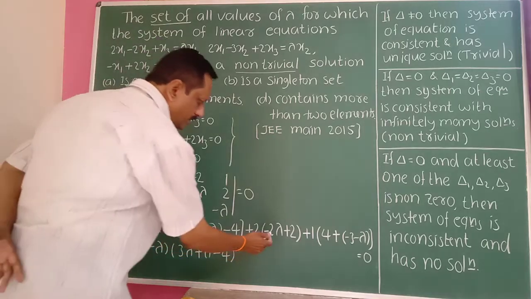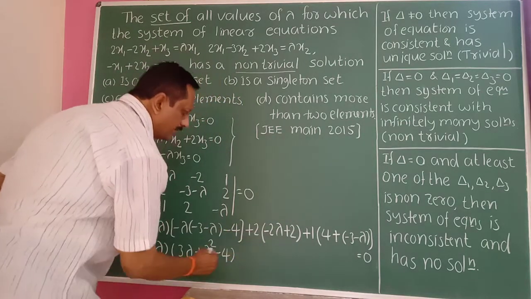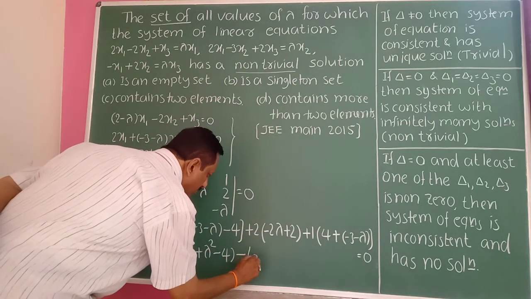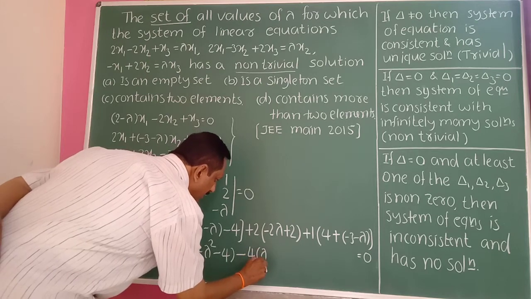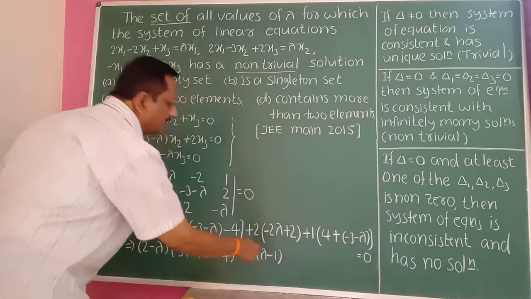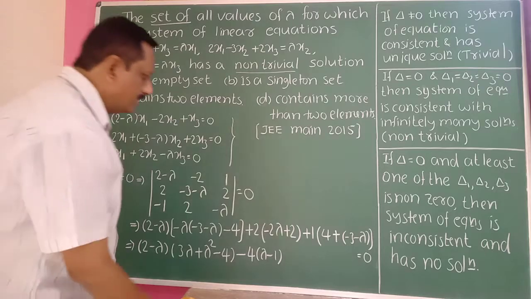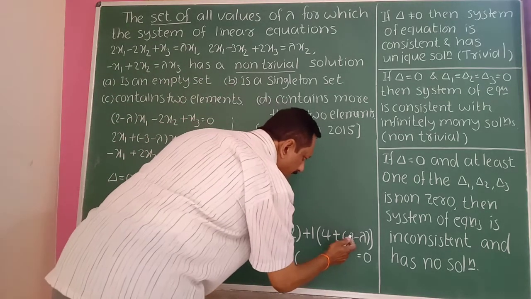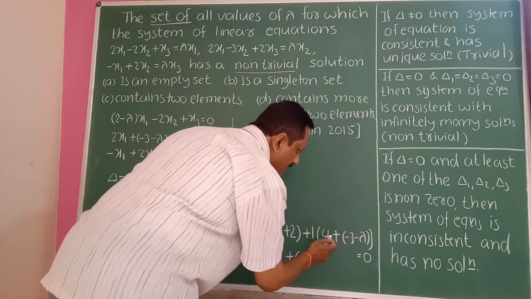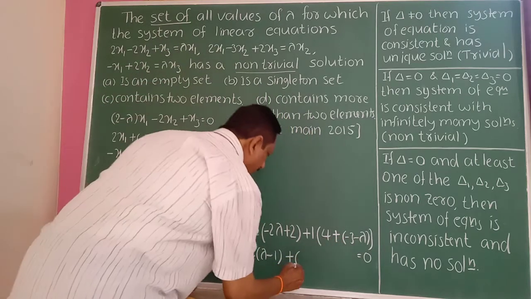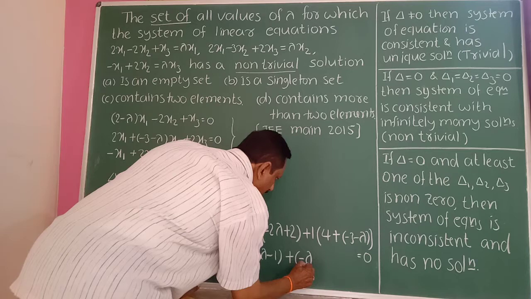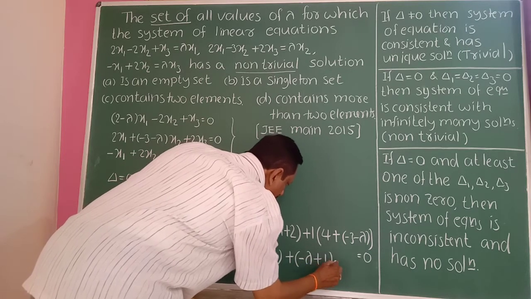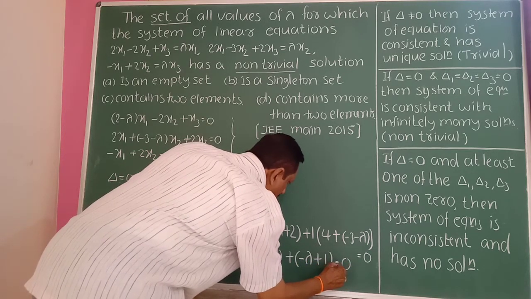Then here 2 is common factor, minus 2 common, so minus of 2 into 2 becomes 4 lambda minus 1. Here minus 2 common factor, okay, then plus minus lambda, 4 minus 3 becomes 1, yes, minus lambda plus 1 is equal to 0.